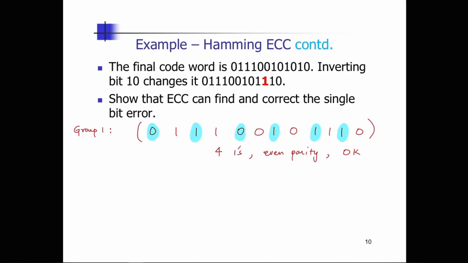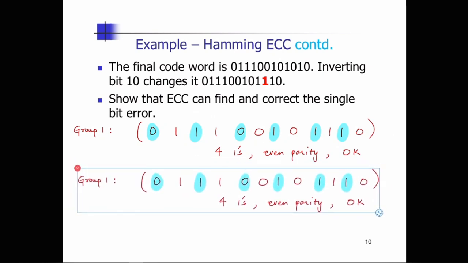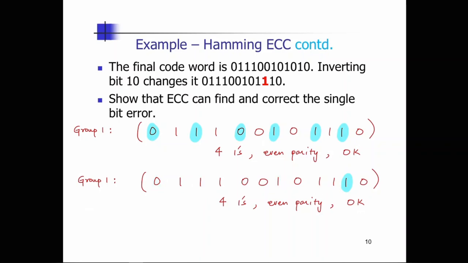We go through this same process for group 2. Alright, let's see. Group 2 is going to be over here. And I'm simply going to erase that. Erase the number of ones. I don't know the parity. I don't know whether it is okay or not. This is also going to change. So group 2, the locations are going to be 2 3 6 7 and so on.